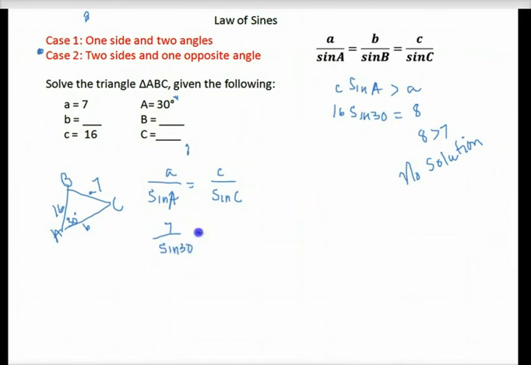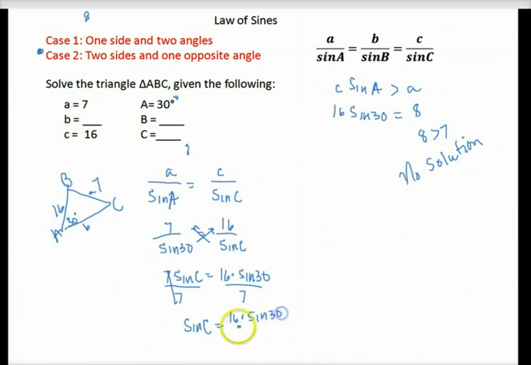I have 7 over the sine of 30 equals c, which was 16, over the sine of C. We want to solve for C, so first we'll cross multiply to get C out of the denominator, and we get 7 times the sine of C, which equals 16 times the sine of 30. Still trying to get C alone, so we divide both sides by 7.